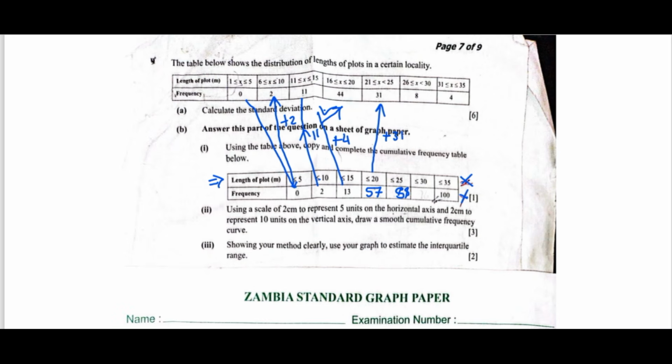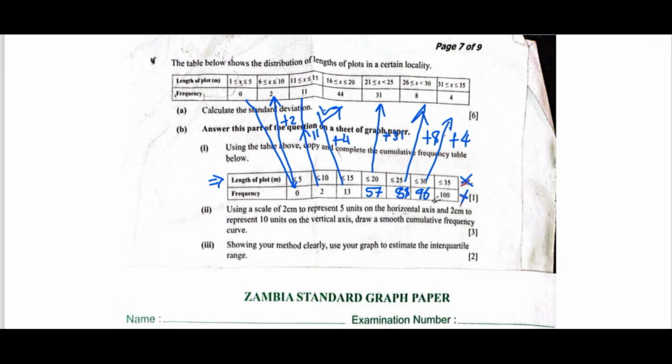Then 88 plus 8, we have 96. Then the last one, we know that if we add 96 plus 4, we get our 100 here. So we are done copying and we've completed the table.